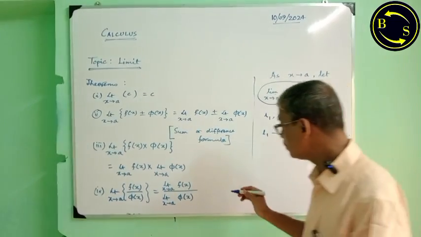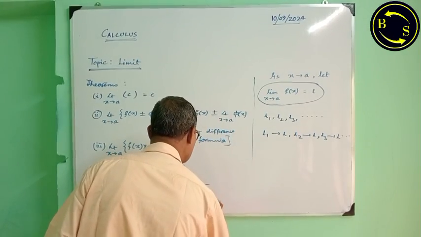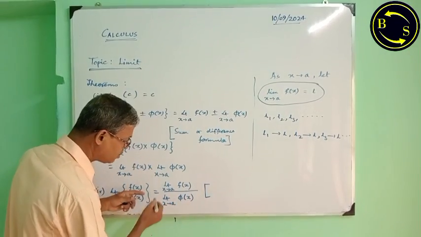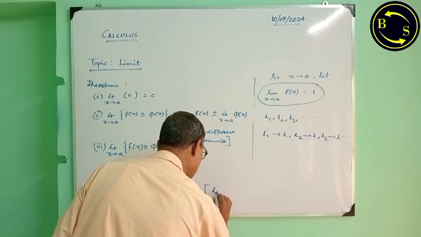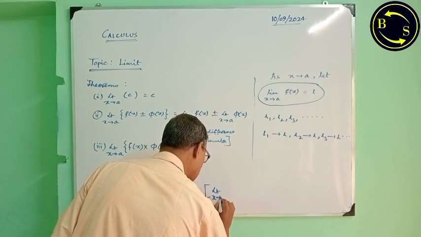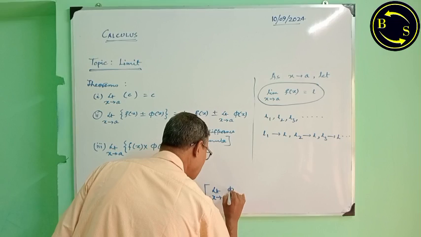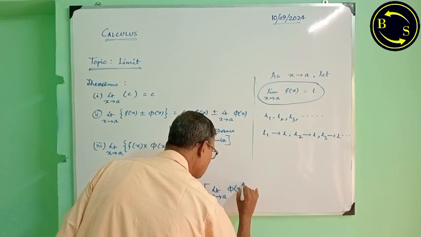And it is quite natural that this denominator, limit x tends to a phi x, cannot be 0.